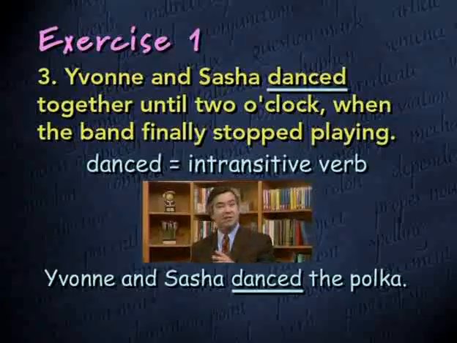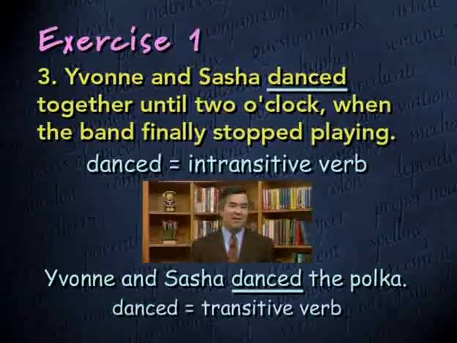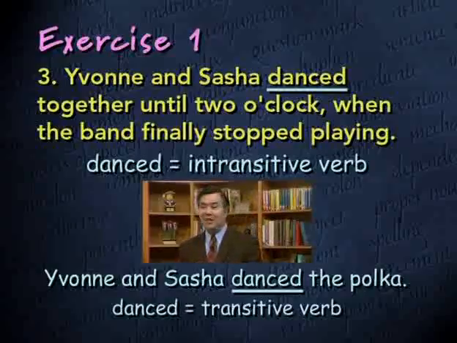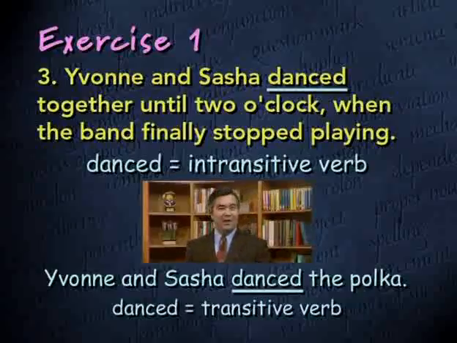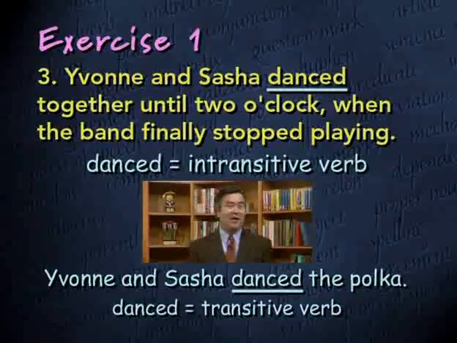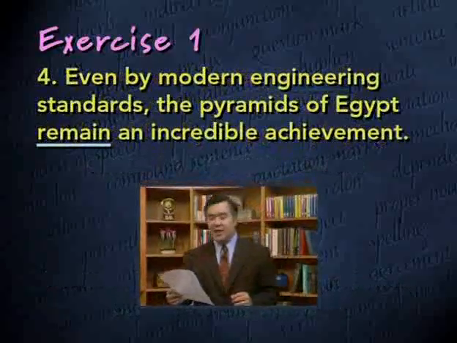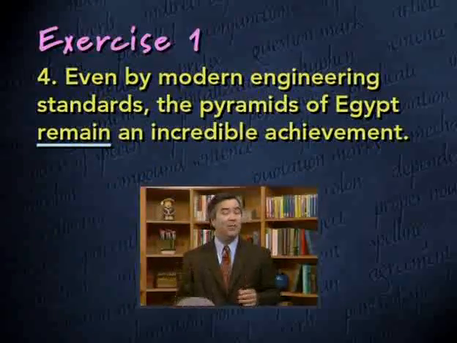And we would have transformed the verb danced from an intransitive verb to a transitive verb, because there would be an object receiving the action of the verb. There is no such object in this sentence, and therefore the correct answer for this sentence in your exercise is intransitive.